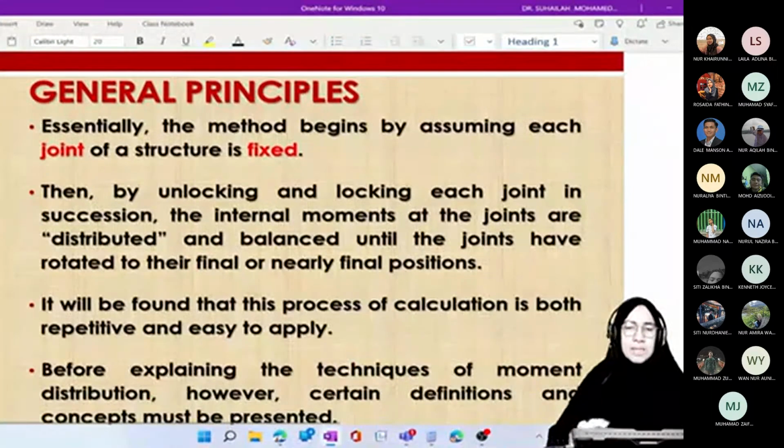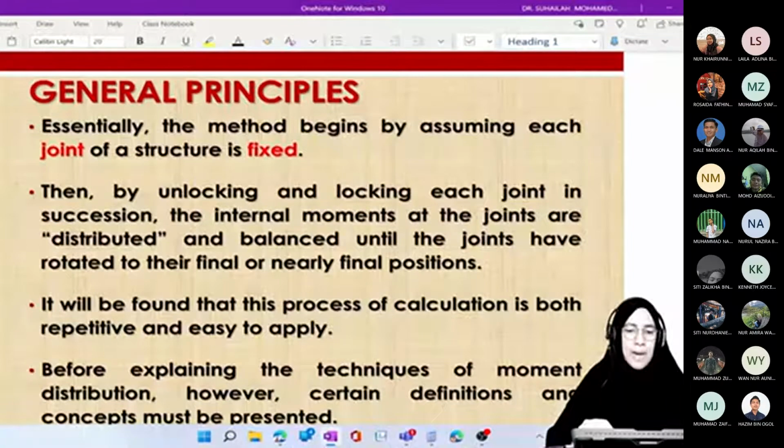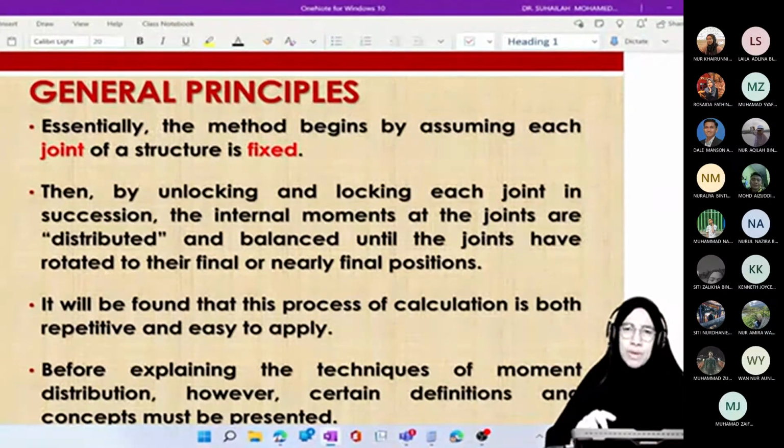This is the general principle, same as what we have done in beam. In beam we need to distribute moment, and the moment that we distribute is actually the joint moment, and joint moment is always opposite to member end moment. So one thing that is important for you to apply is, you have to be careful with fixed end moment, because fixed end moment is the first member end moment in the table.